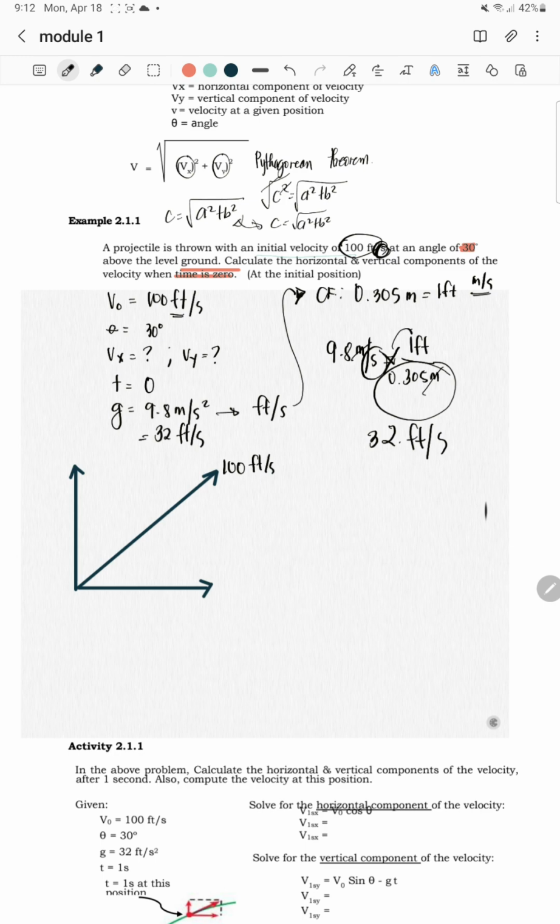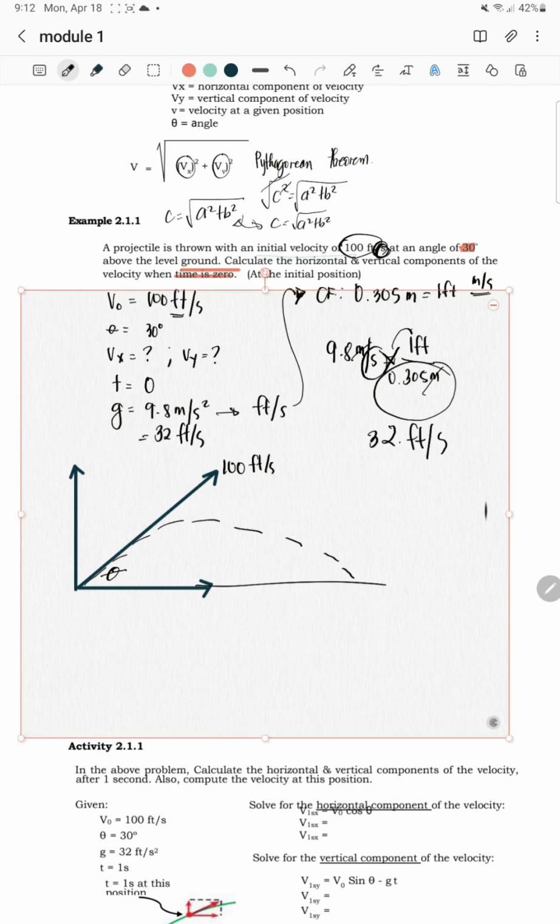Okay, at an angle of, so if kapag nandyan kasi yung initial velocity niya, automatic that your trajectory is here. Ganyan. Tama. Okay, your trajectory is there already. Pag ganyan siya. So, your angle theta daw is 30 degrees. Andyan yung angle theta mo.